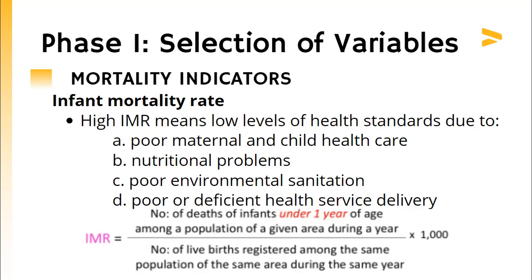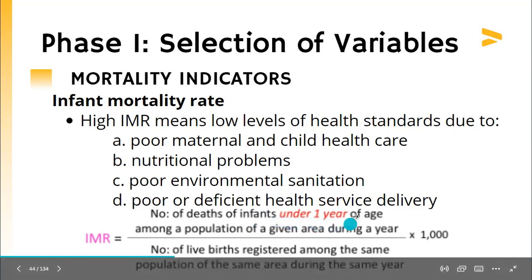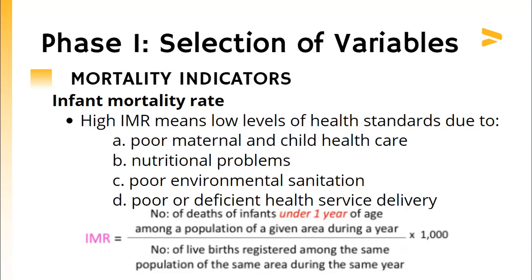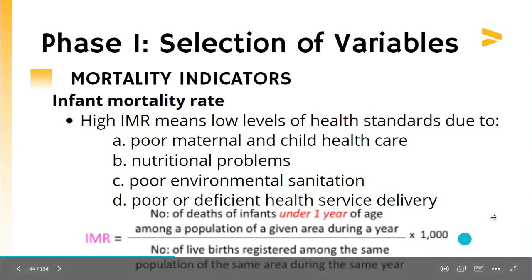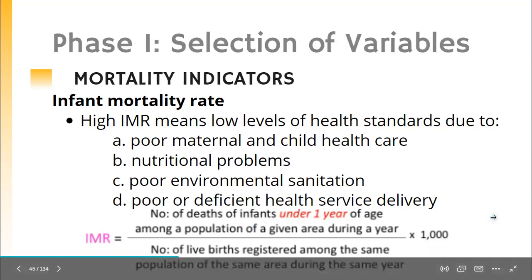Beyond 12 months, it's not an infant anymore. So your IMR is computed as the number of deaths of infants under 1 year of age compared with the total number of live births registered in the same population in the same period of time, and then we multiply it with a factor. Okay. So, example.